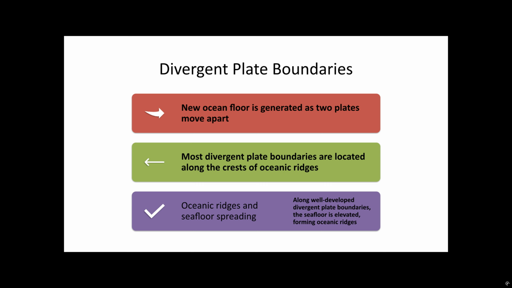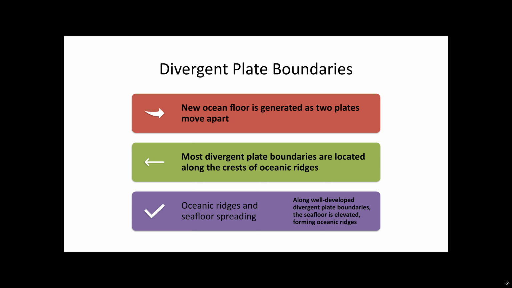We'll begin by talking about divergent plate boundaries. New ocean floor is generated as two plates move apart. Basically, they split apart and magma wells up and then cools and creates new crust. Most of these divergent plate boundaries are located along the crests of oceanic ridges, but some actually cut through the continents.